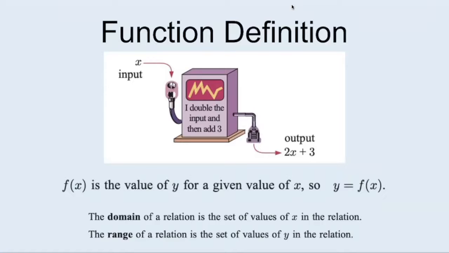The range, you only want to see those X values occur one time with different Y values. When we look at the range, it is the set of values that are the Y values.